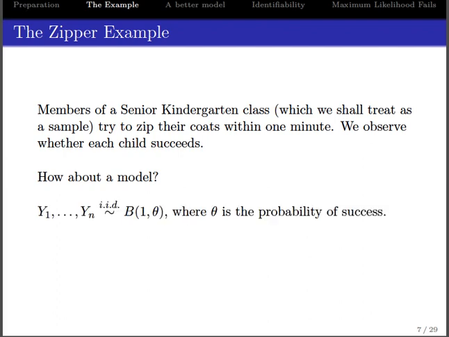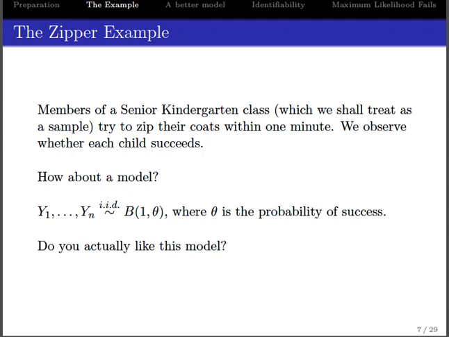And accordingly, the standard thing to do would be to assume that y1 through yn are independent and identically distributed Bernoulli random variables, where theta is the probability of success, and we're exactly in the same situation that we were in before with the coffee taste test.